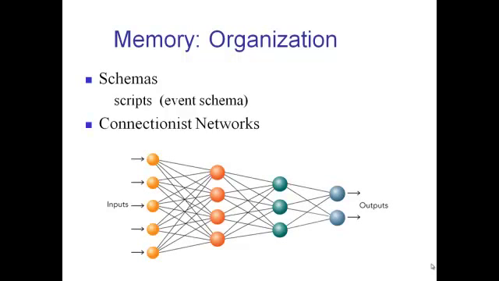Another way in which our memory is organized is through what we can call a connectionist network. It's similar to what we were talking about before with the cue leading to a target, different cues leading to the same target. When you have multiple connections between a trigger and what you're trying to remember, you're going to have a much better likelihood of remembering the concept.